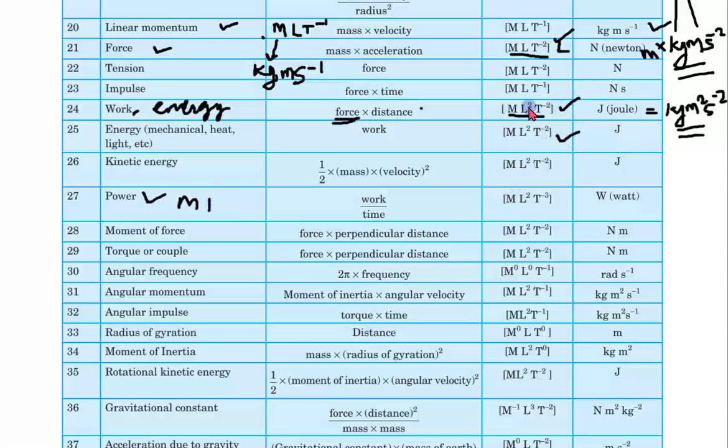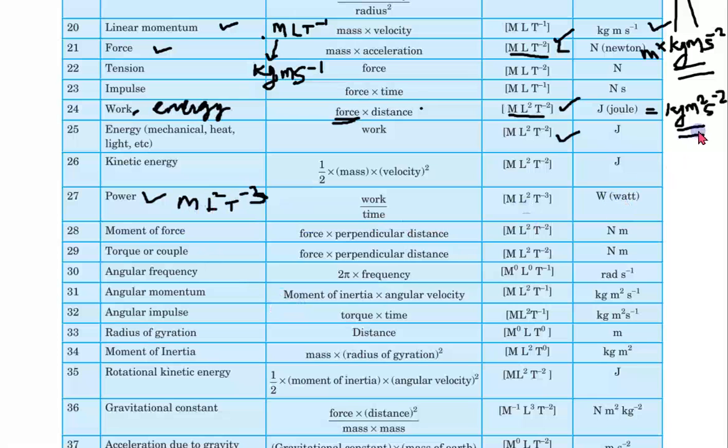M L2 T minus 2, divided by time. For power, T minus 2 divided by T: minus and minus 2 will be added, so this will become minus 3. The power unit is watt.